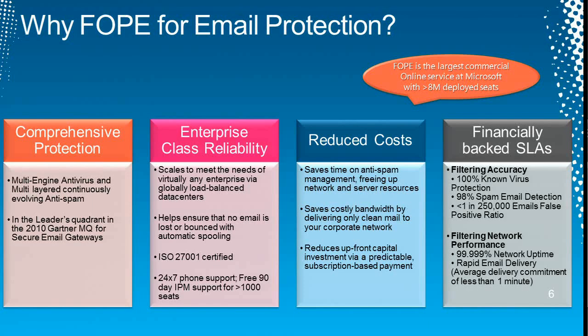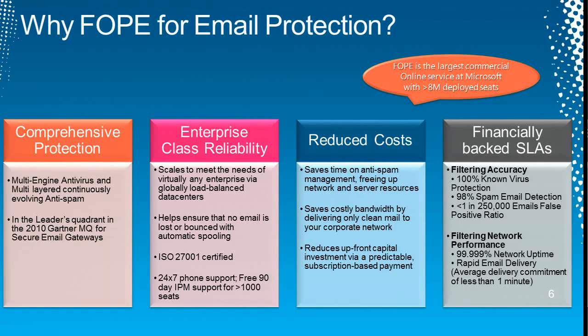That allows us to catch more viruses, of course. Multi-layered from a spam perspective. That allows us to hit the mail with a variety of techniques to identify spam quicker and effectively. We fairly recently moved into the Leaders Quadrant for Gartner for secure email gateways. And part of that is around just how effective we are at blocking spam and virus.